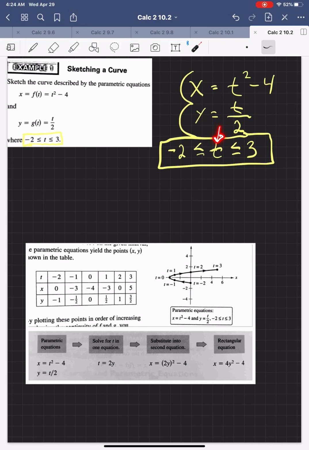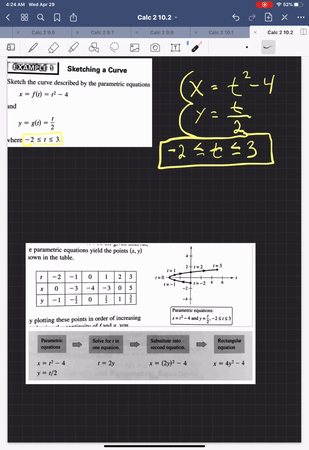In fact, the more natural parameter, which would be more apparent if you went farther in mathematics, is actually arc length. But that's for another day. So this gives you your domain restrictions. You can't plug in 4 for t because you can only plug in t values between -2 and +3, inclusive.